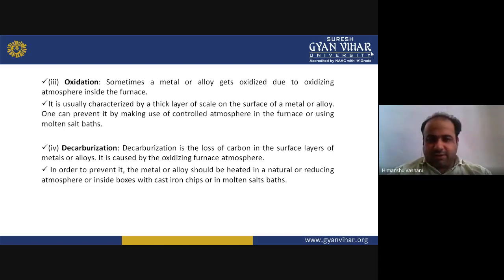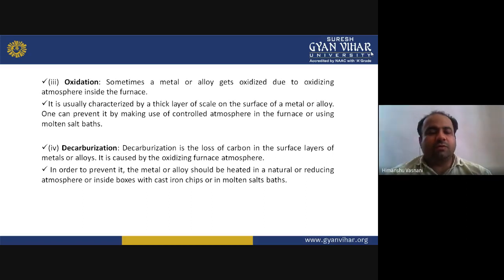Then decarburization. I have discussed this word with you in furnace atmosphere. It is the loss of carbon in the surface layers of metals or alloys. It is caused by the oxidizing furnace atmosphere.